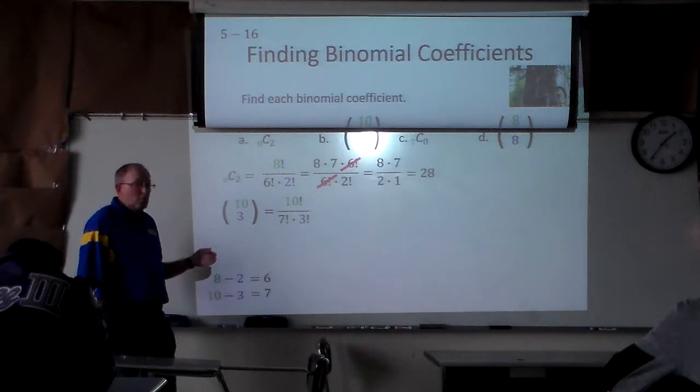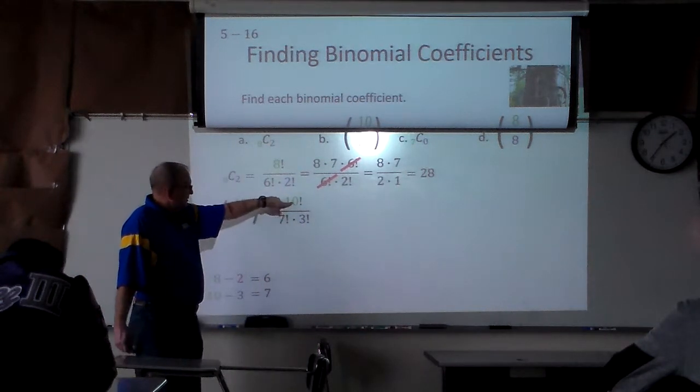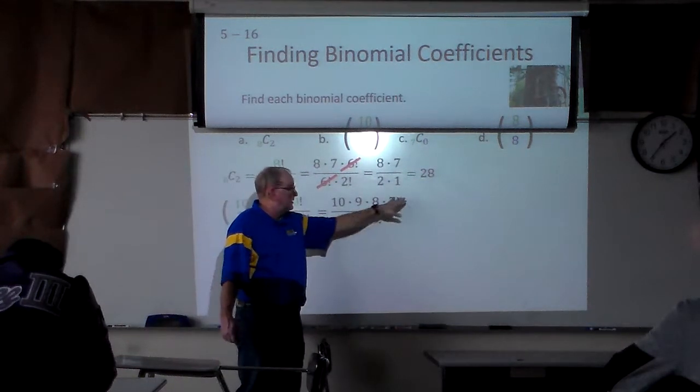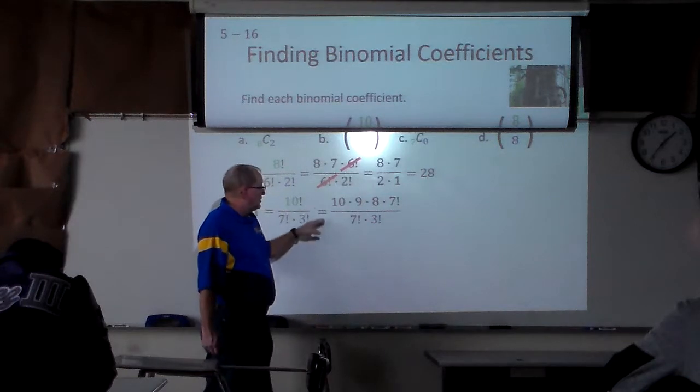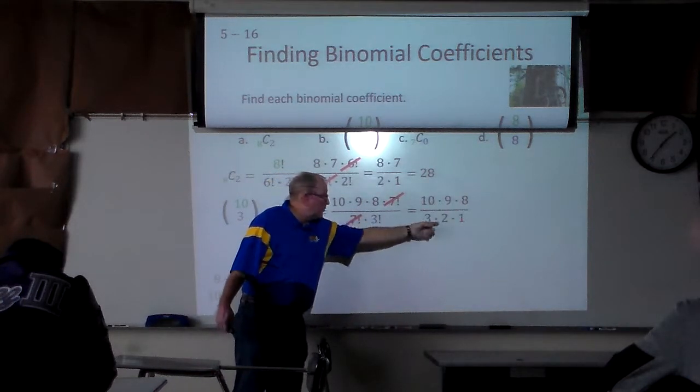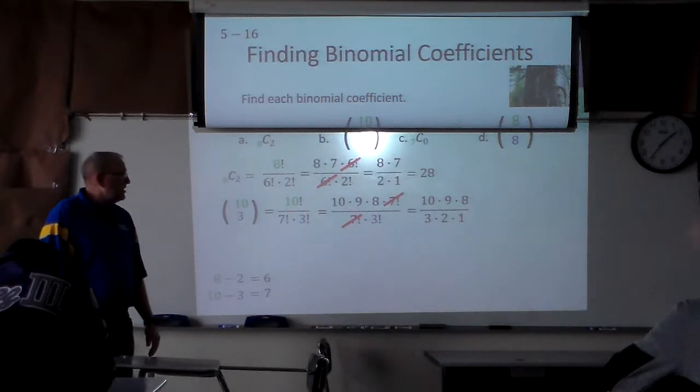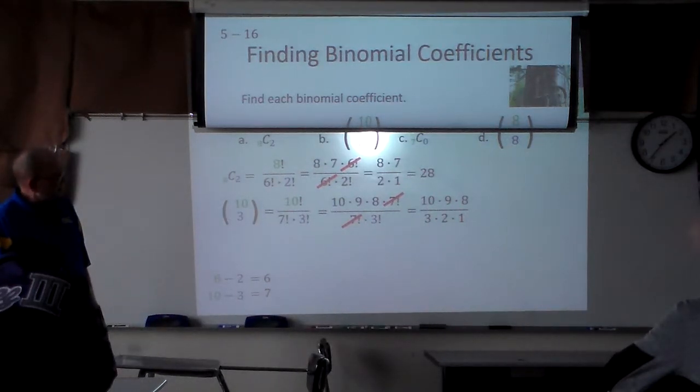Now here's what's really cool. I can write them down to 7 because what's going to happen at 7? They cancel out. So I'm going to have 10 times 9 times 8 over 1 times 2 times 3. 10 times 9 times 8 is 720.